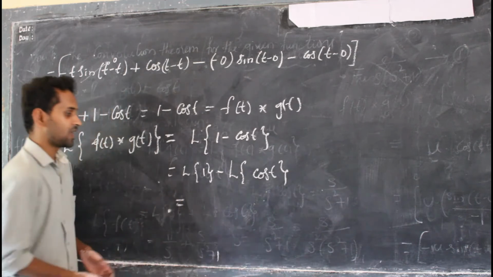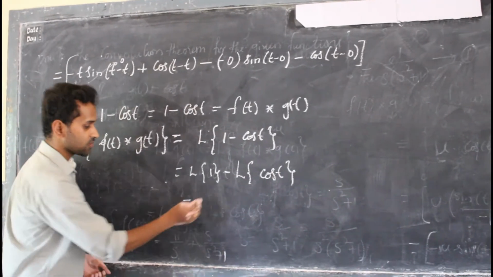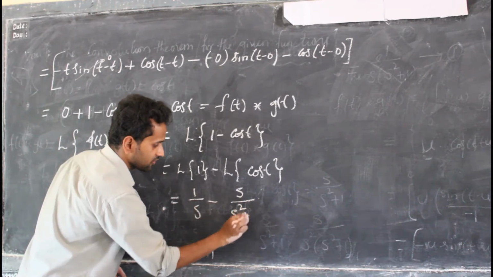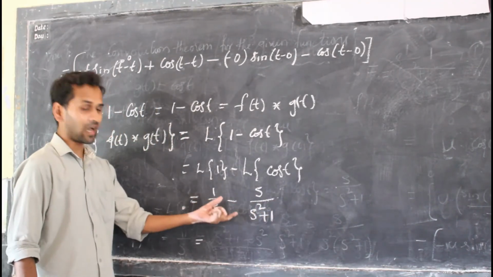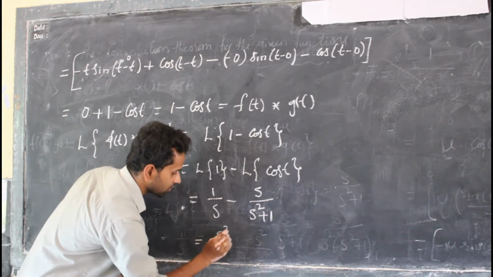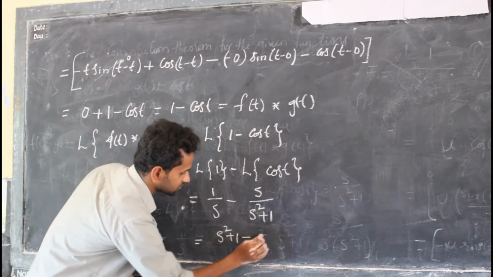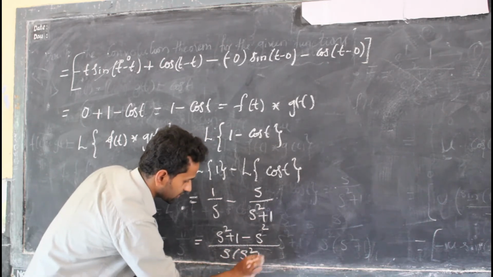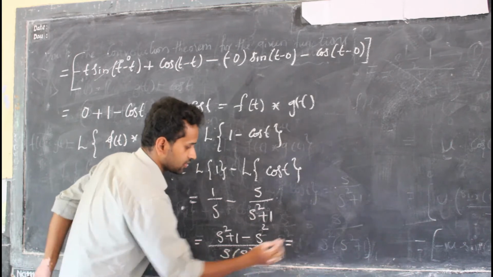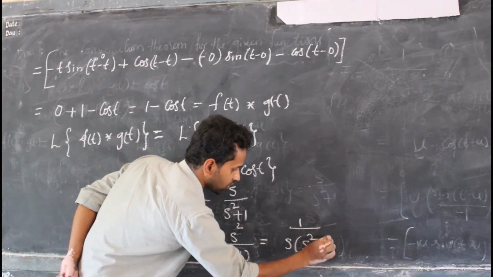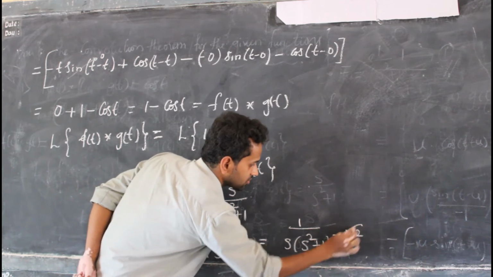The Laplace transform of the constant 1 becomes 1 by s, minus s divided by s square plus 1. Taking the LCM, I get s square plus 1 minus s square, divided by s into s square plus 1. So this will be 1 divided by s into s square plus 1. Let me keep it as equation 2.